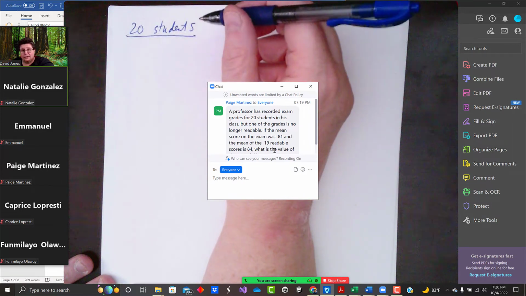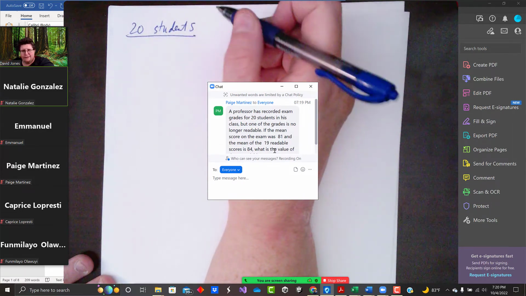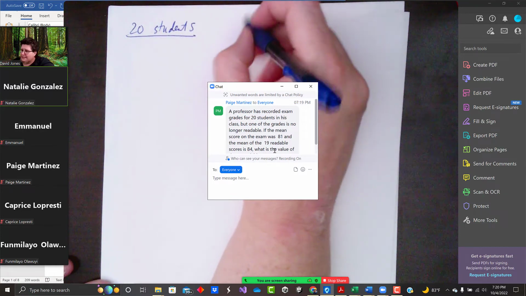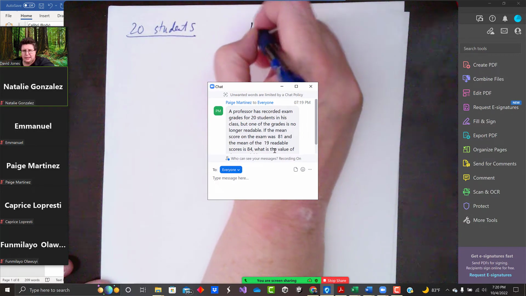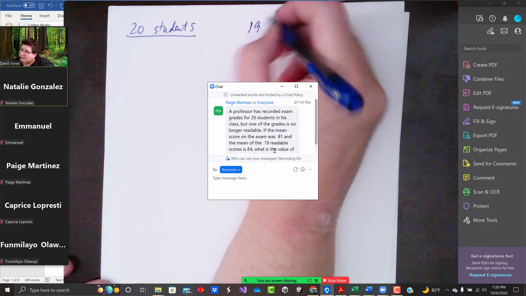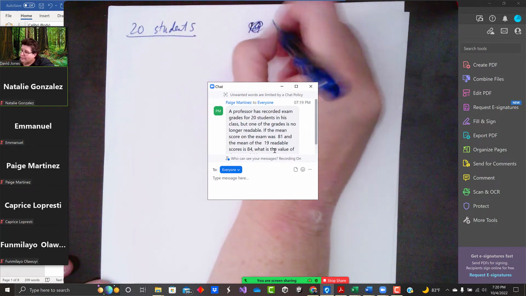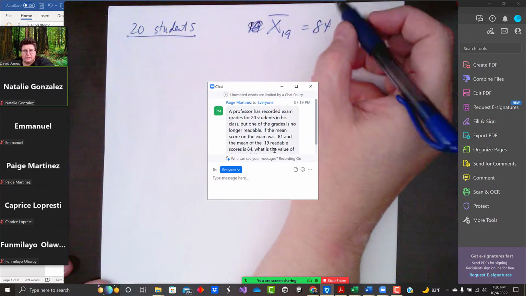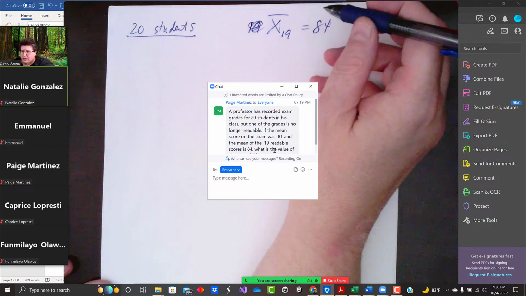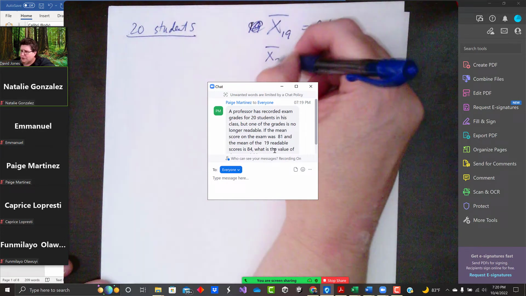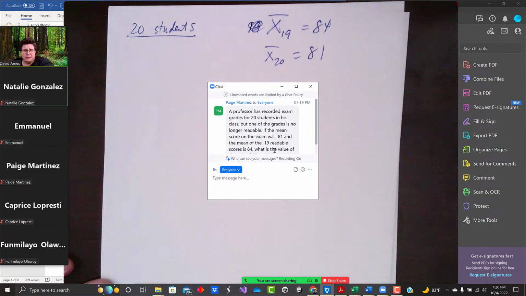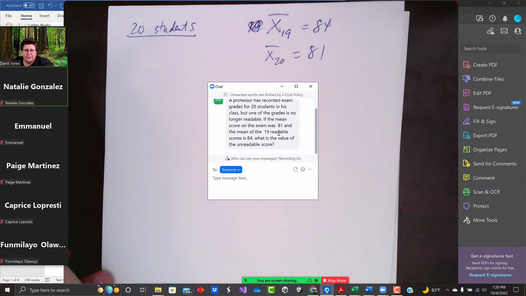It said the mean of the 19 readable ones is 84, and the overall mean of all 20 was 81. They want to know the value of the missing one.